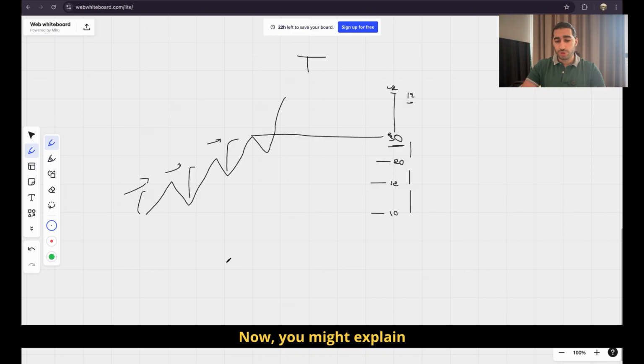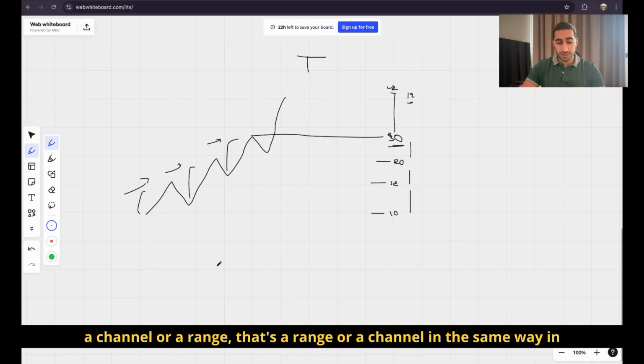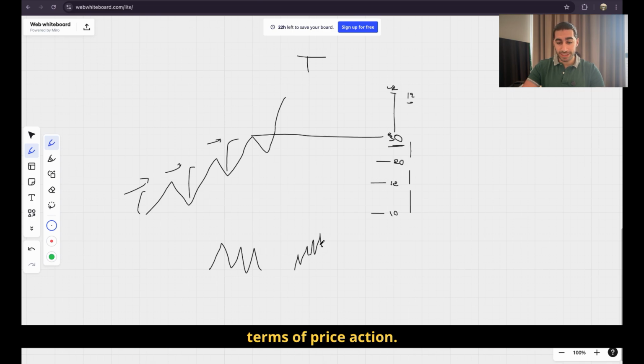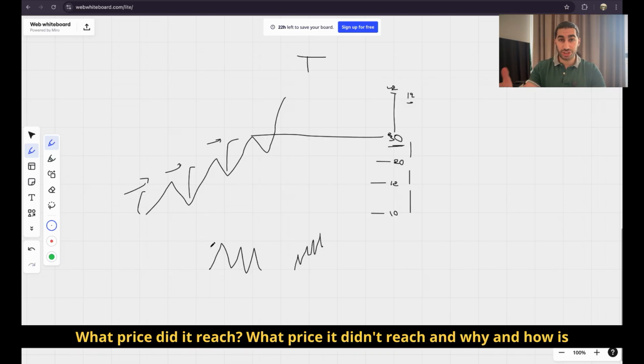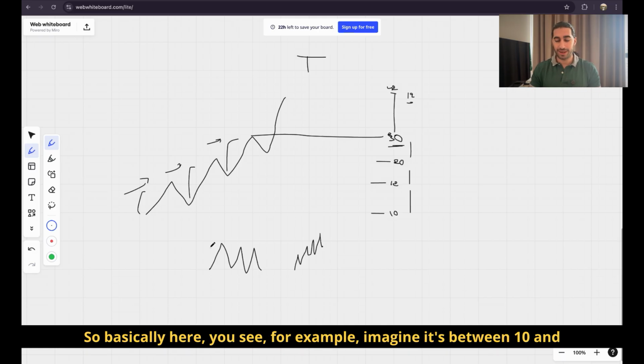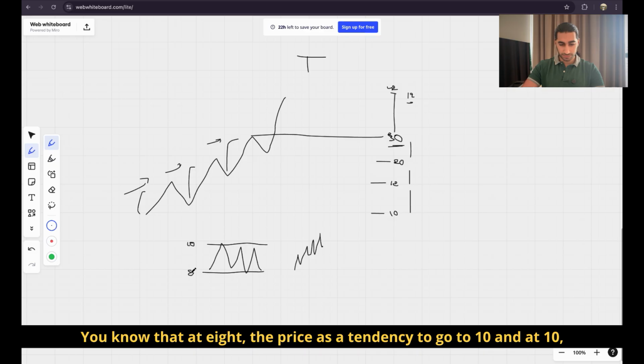Now, you might explain a channel or a range in the same way in terms of price action. What price did it reach? What price didn't it reach, and why? And how is the momentum in that? So basically here you see, for example, imagine it's between 10 and 8.